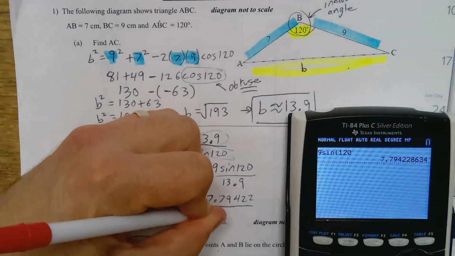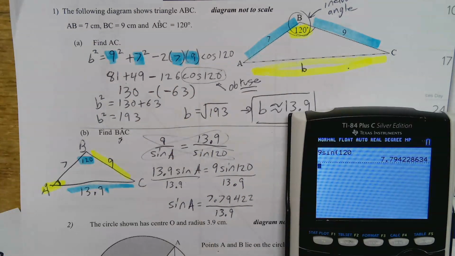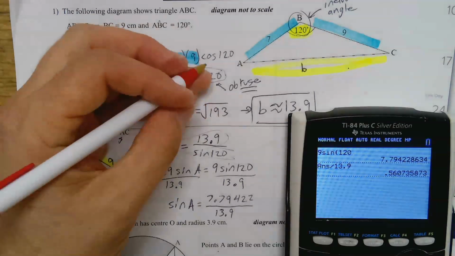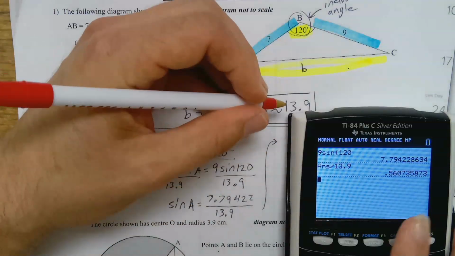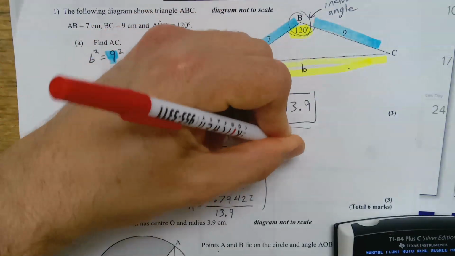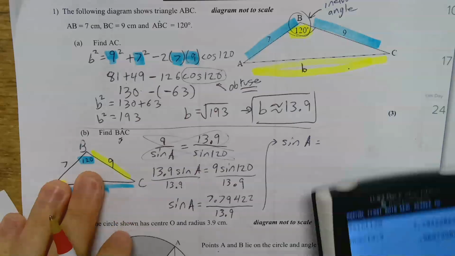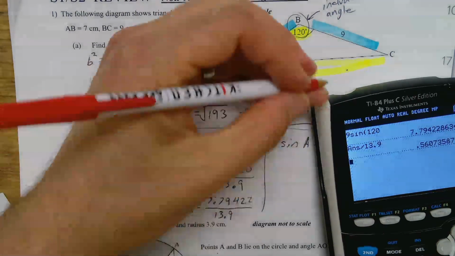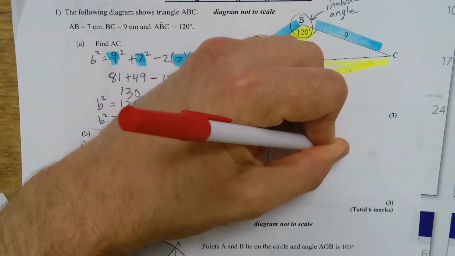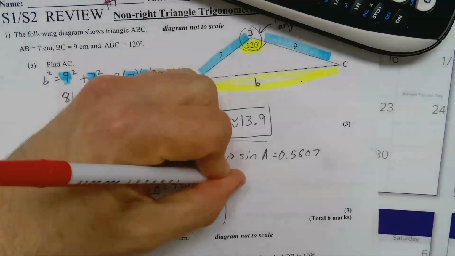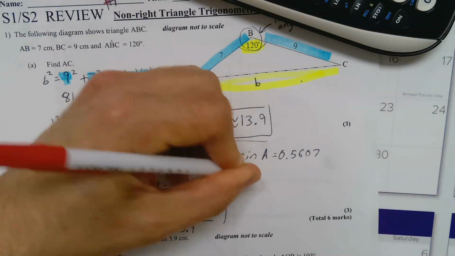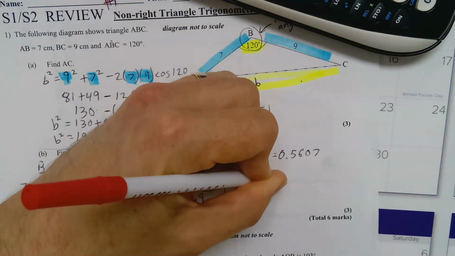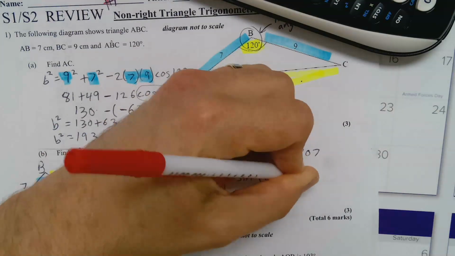And divided by 13.9, I get that sine A equals 0.5607. So now I need to do the inverse sine. We write that with this little -1 power thing, to give me angle A.